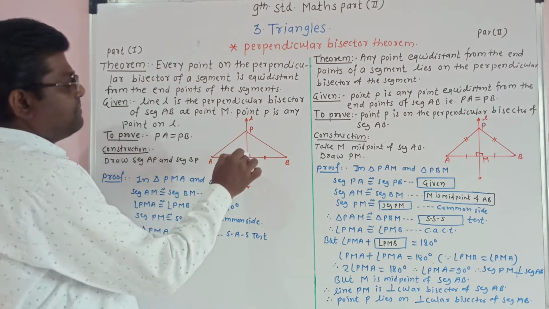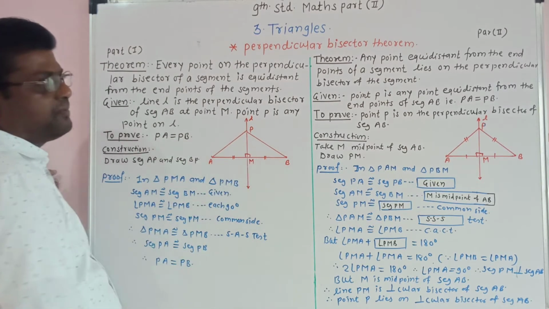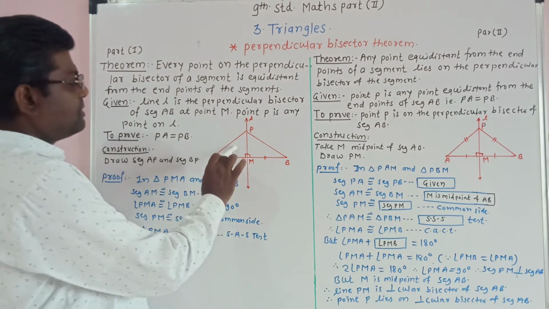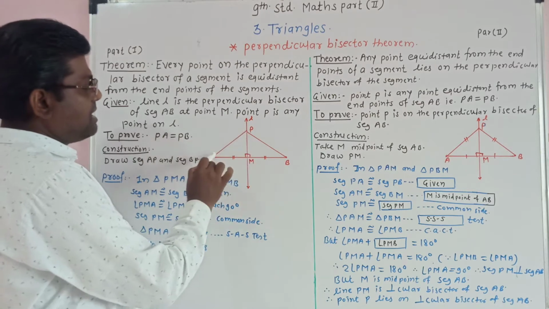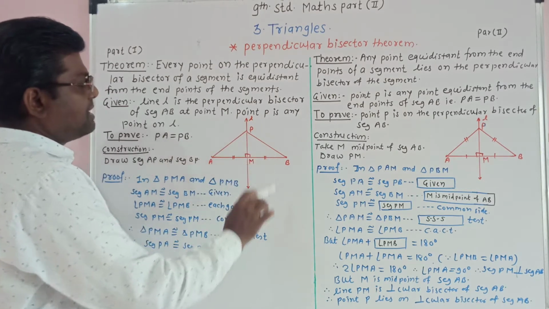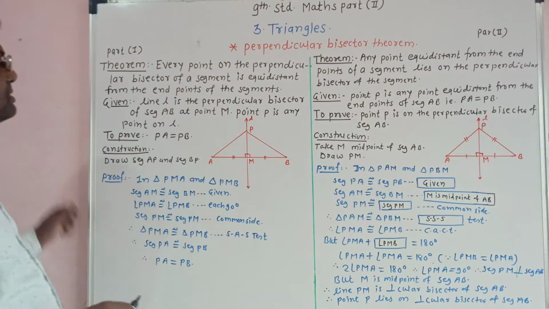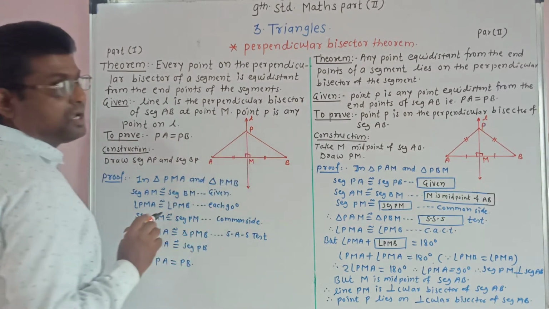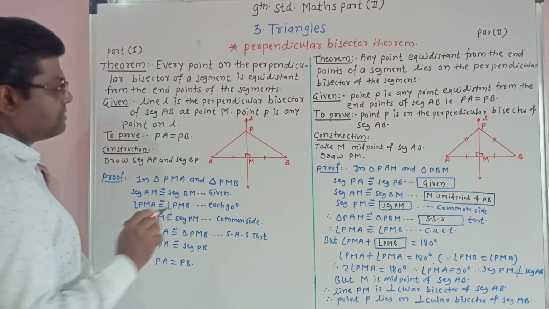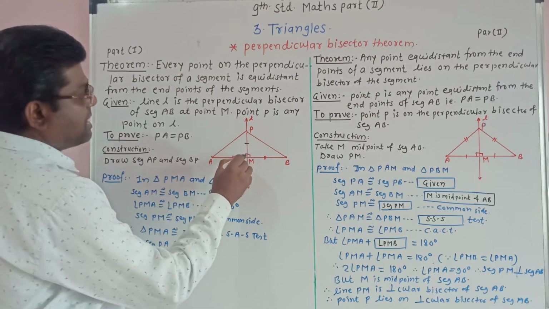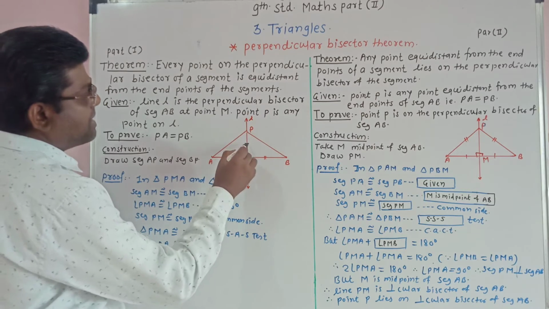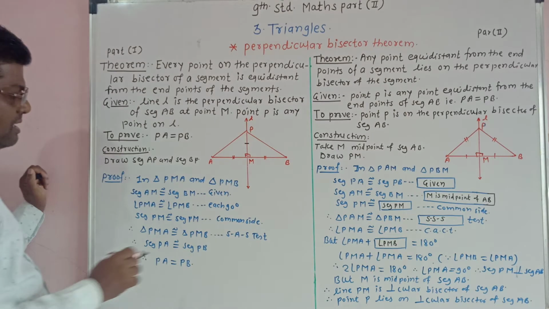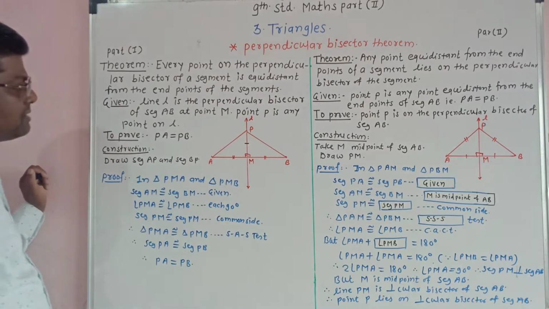And segment PM is congruent to segment PM, a common side, because segment PM is for both the triangles PMA and PMB. From these two triangles, triangle PMA and triangle PMB are congruent by the side angle side test. Therefore they are congruent by the SAS test.